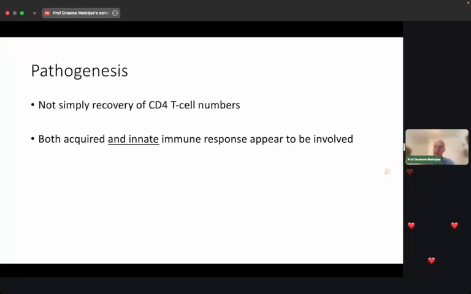Presumably they're developing TB-IRIS not because their CD4 count has risen in the blood, but because there have been improvements in tissue immune function or monocyte function or other aspects of immune function before the CD4 count has risen. Many aspects of the immune system are involved, including acquired, like CD4 cells, and innate cells like monocytes, macrophages and neutrophils.